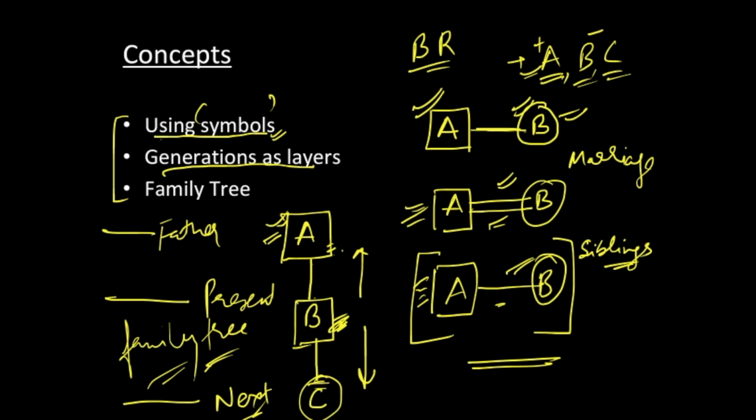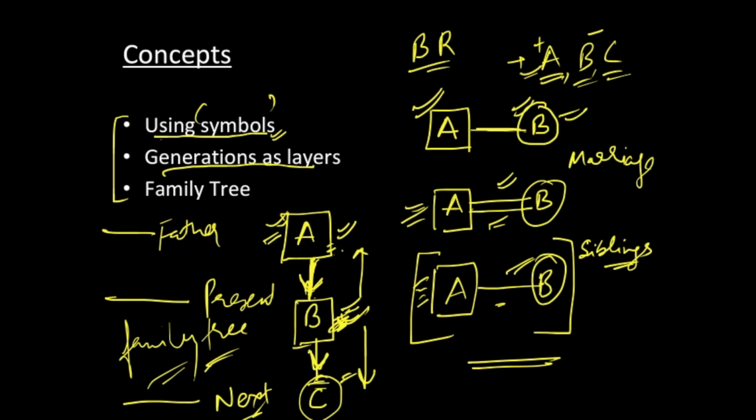All right, and the relationship can be connected by using a single line, or if you want, you can put an arrow as well, because an arrow in the downward direction signifies that this is of the first generation and this is of the next generation. Similarly, an arrow over here signifies that B is of the generation before that of C, right?